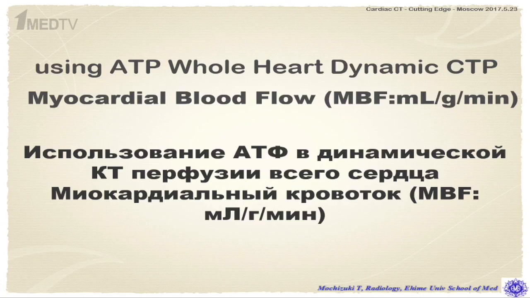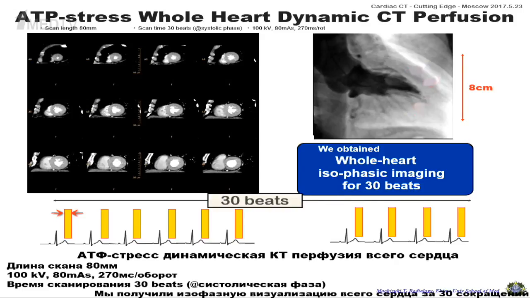So, using the ATP stress whole heart dynamic CT perfusion, we can measure the myocardial blood flow, such as milliliter per gram per minute. So we scan every 30 beats, continuous 30 beats, targeting on the systole.